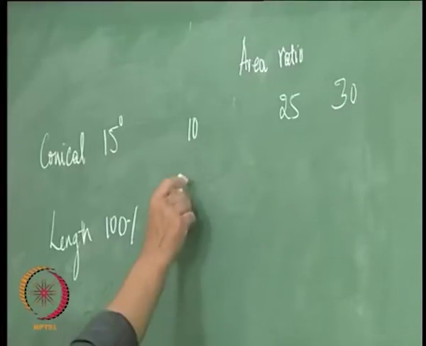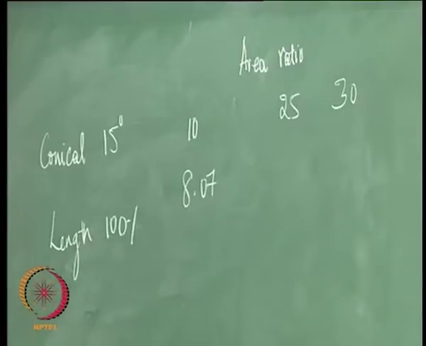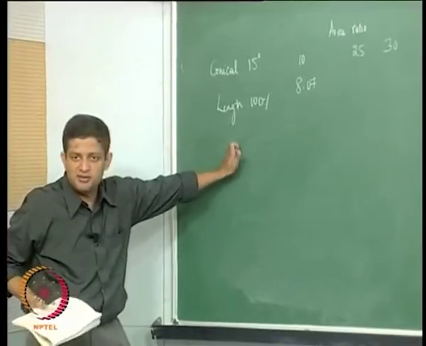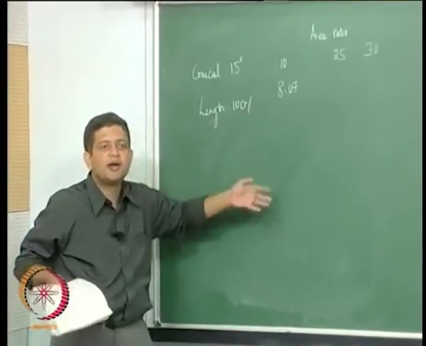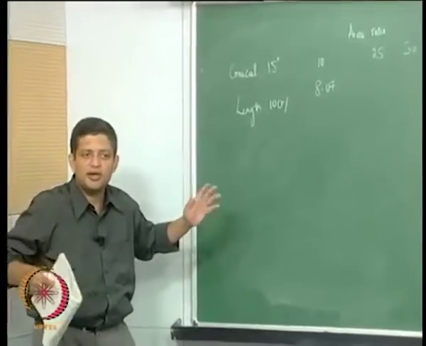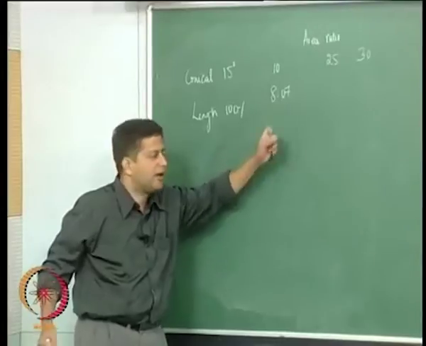This would be something like 8.07. This is normalized with respect to the throat radius. Okay. So, you will have a non-dimensional number here, it does not depend on what is the throat radius, you can multiply it by the throat radius and get this value.